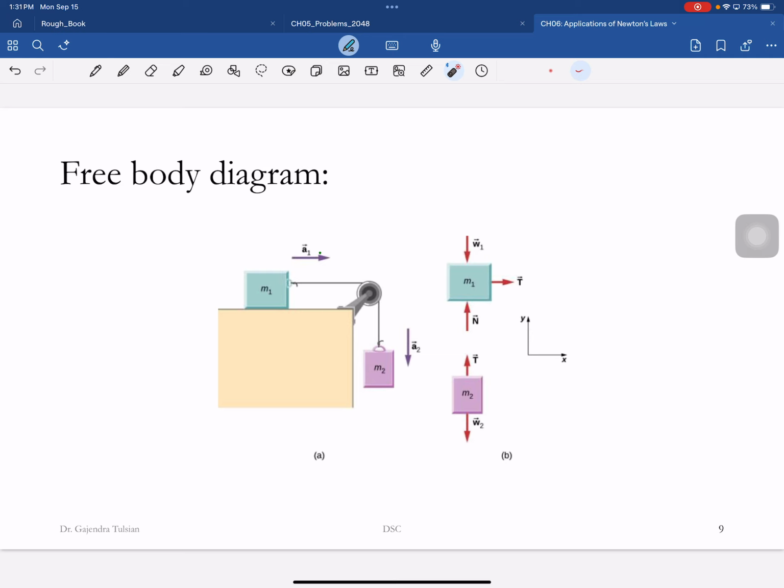If the pulley system is massless and frictionless, then the tension in the string is the same. In a later statics class, you'll study systems where the pulley mass is not negligible, and then the tension on the same rope will be different. But for now, we'll keep it simple.